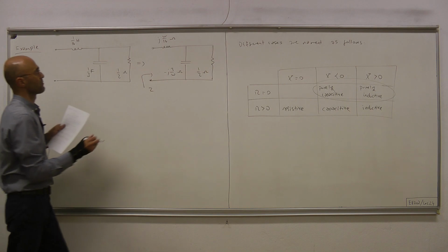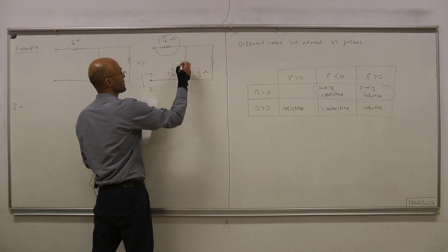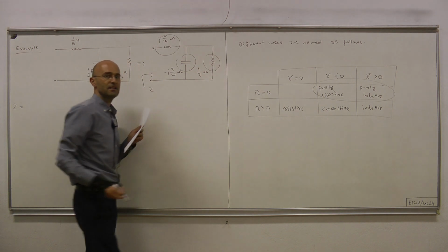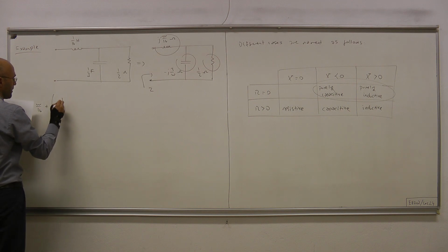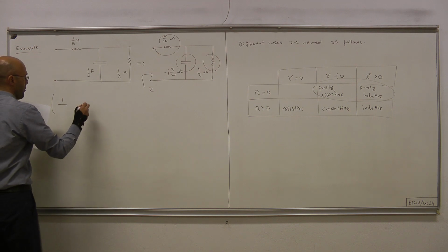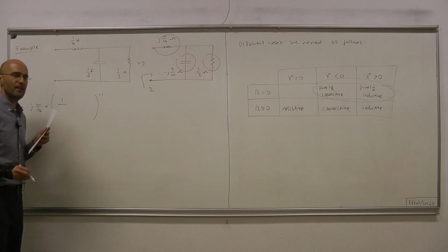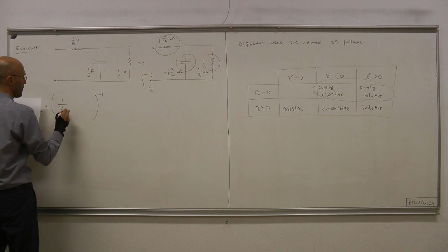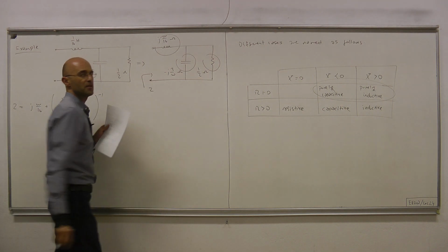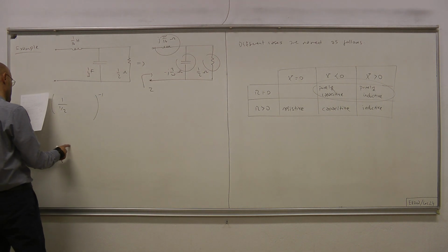Z equals this impedance plus these two impedances connected in parallel. So we have J omega over 16 plus the sum of conductances, then we take the inverse. The conductance for the resistor is 2 mhos, or 1 over 1/2.